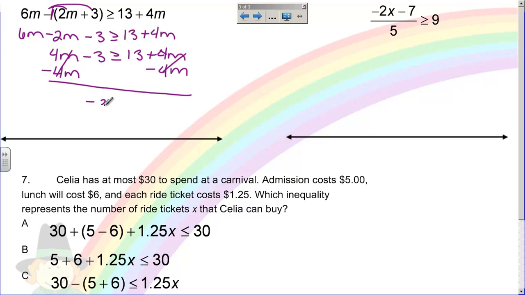What you have left is -3 is greater than or equal to +13. I want you to think about that answer for just a second. Does it even make sense? No, it doesn't. -3 is not greater than or equal to 13. It is less than or equal to 13, so this has no solution. So when you graph it, there is no graph because it doesn't go anywhere. There is no answer.